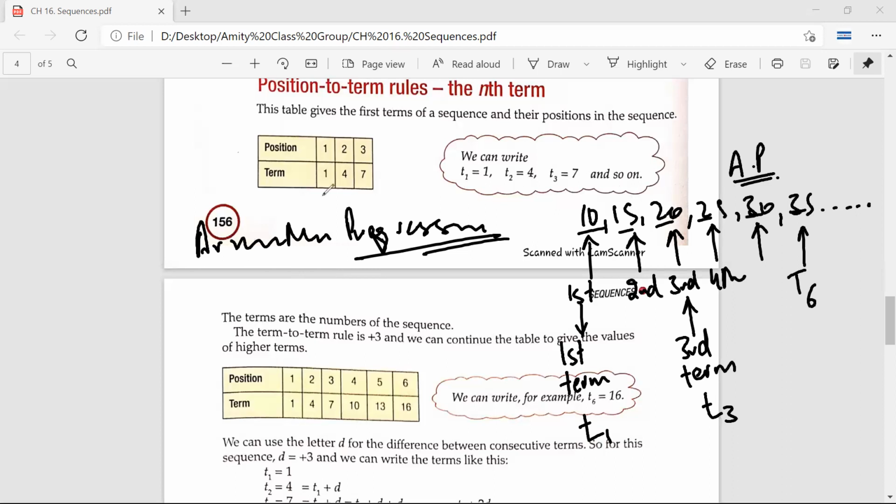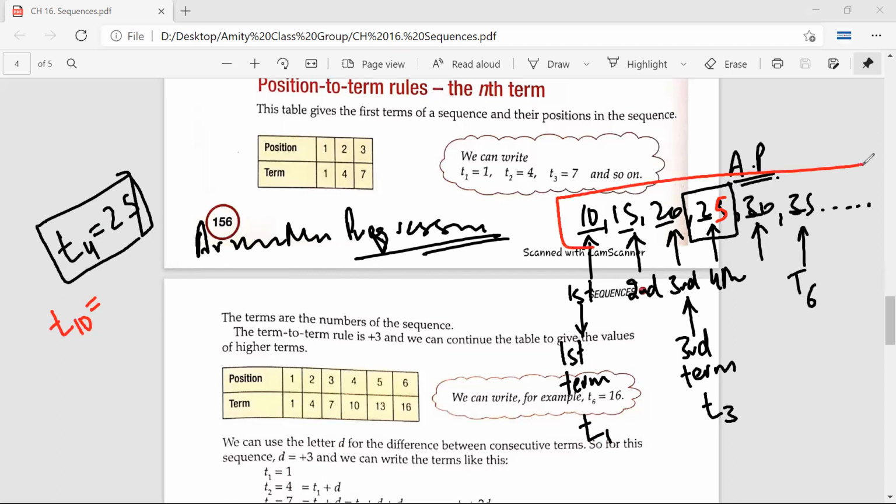Okay. So for example, if I want to know the fourth term of this arithmetic progression, my T4 would be 25. Aishwarya ji, any doubt? No, sir. Now the only issue is, if I need to find the 10th term of the sequence, or maybe the 100th term.